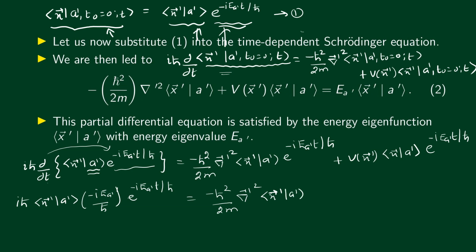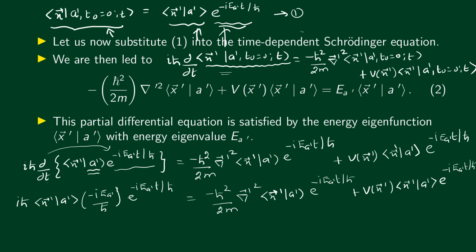All right. Now this term does not have any spatial dependence, so we can simply write this as minus i E_a' t by h bar plus, again here V of x vector prime bra x vector prime ket a prime. Okay, and e raised to minus i E_a' t by h bar.